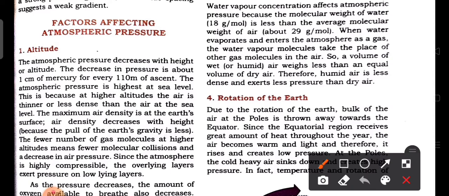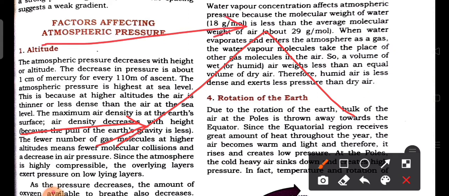Previously we learned that atmospheric pressure decreases with altitude, which means if we go to a mountain area, the atmospheric pressure on the lower surface is much higher than at higher altitudes.